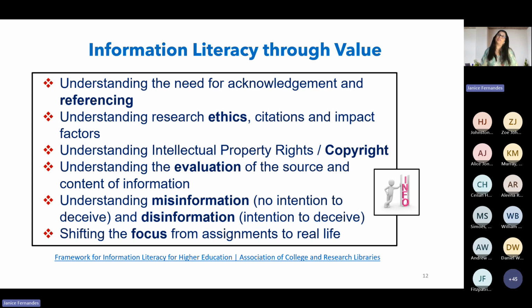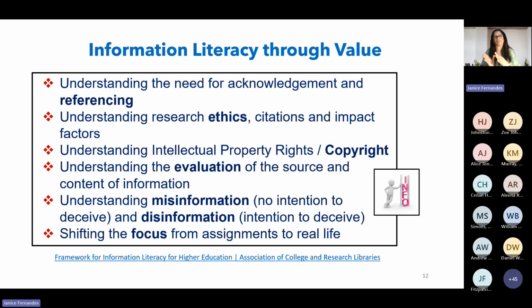I read a really interesting book called Information Societies. It is available in open access now, and you can easily Google and read that one. But it speaks about misinformation, disinformation, and this whole concept of fake news. And I do nudge students in that direction.